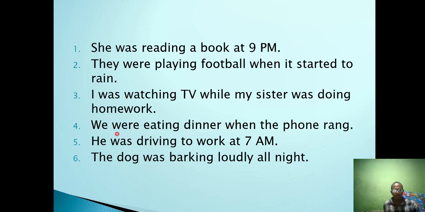We were eating dinner when the phone rang. And number five, he was driving to work at 7 a.m. And number six, the dog was barking loudly all night.